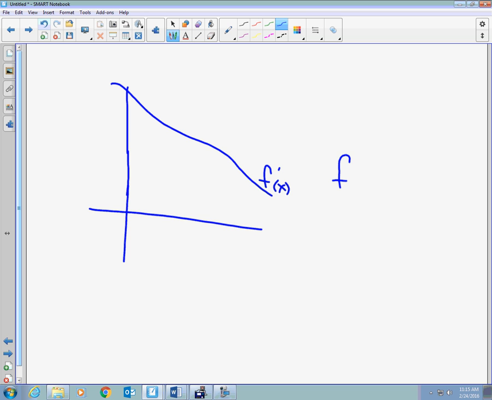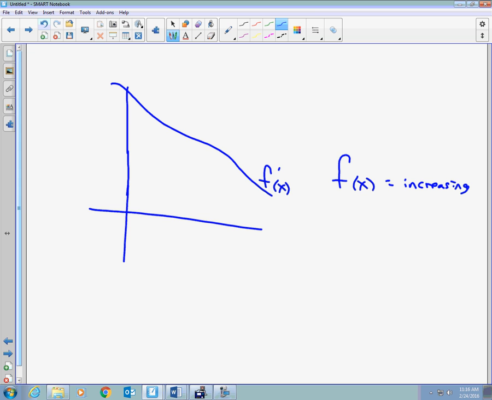Can you tell me, is f of x increasing or decreasing? Why is it increasing? The derivative is positive or negative? The derivative is positive. This is the derivative, right? It sits above the x-axis. This is positive. So therefore, f of x is increasing.